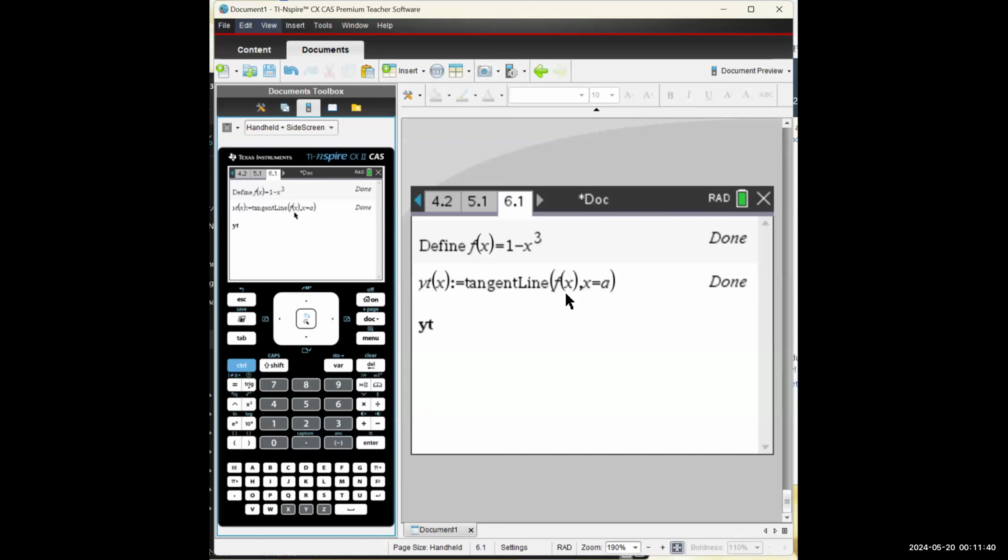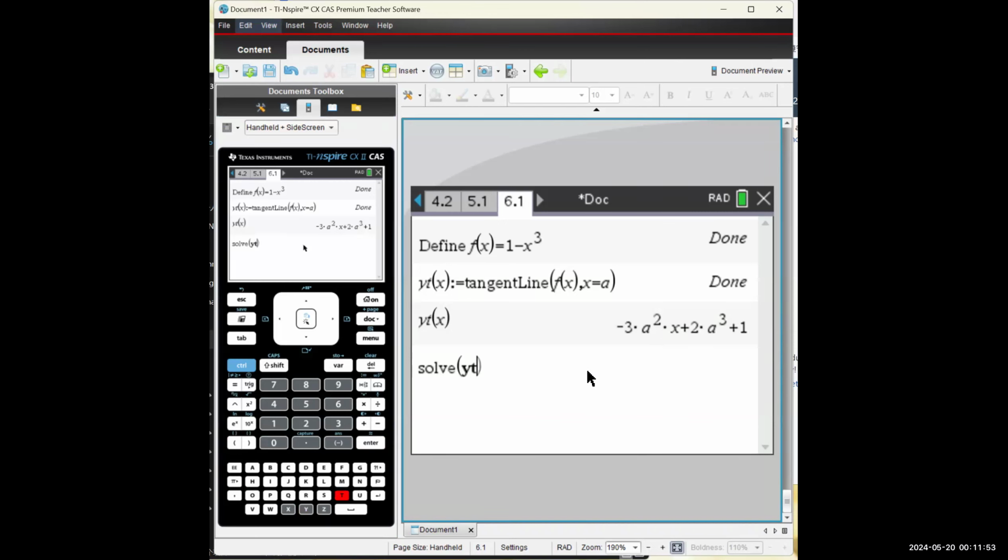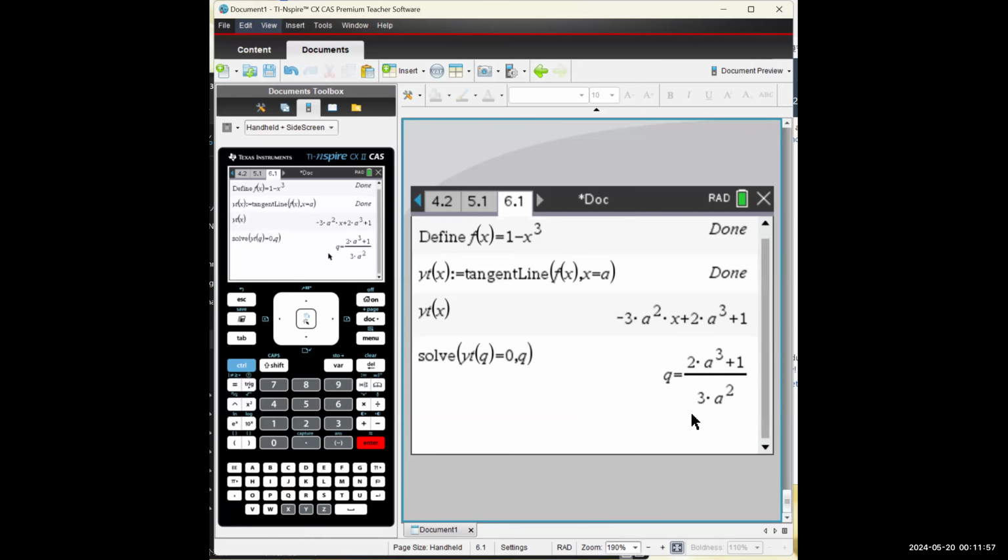So yt of x is this guy here, okay? If you want to find the x-coordinate of q in terms of a, let's say we solve yt of q equals 0 for q. So this is the x-coordinate for q, okay?